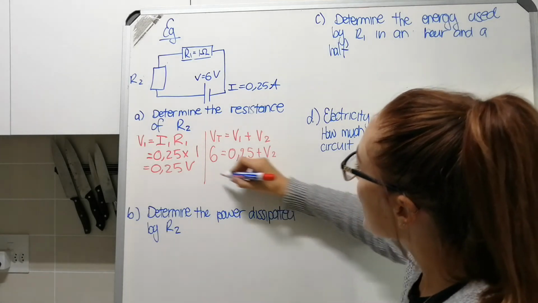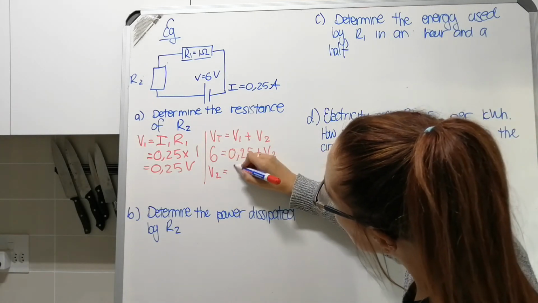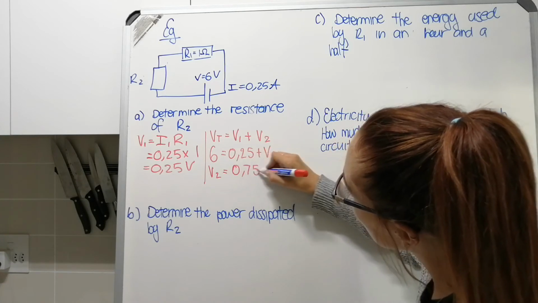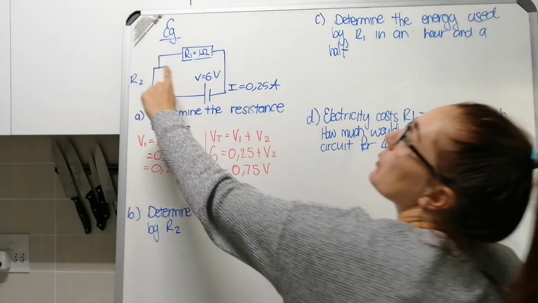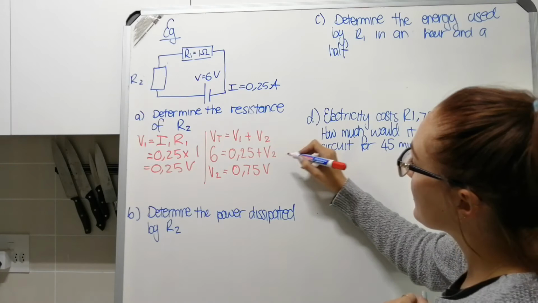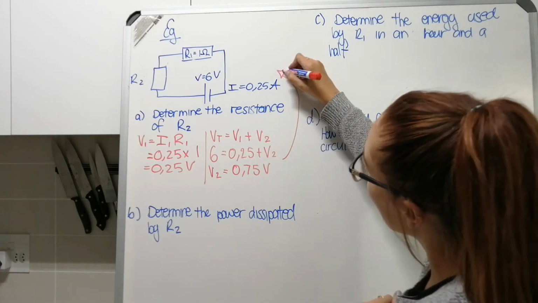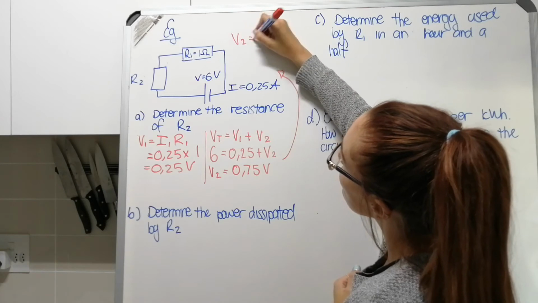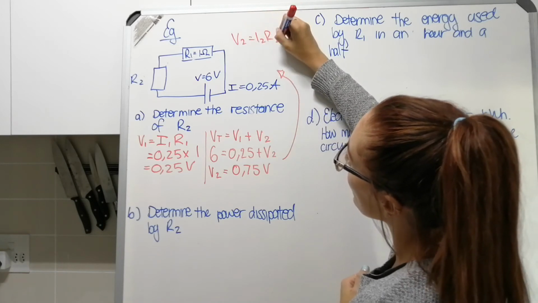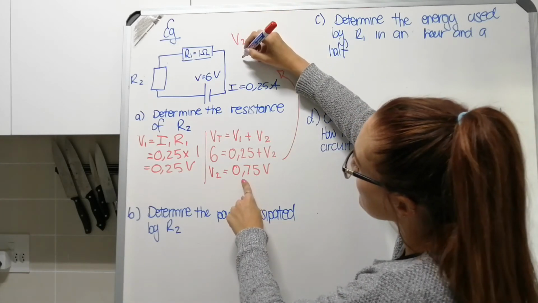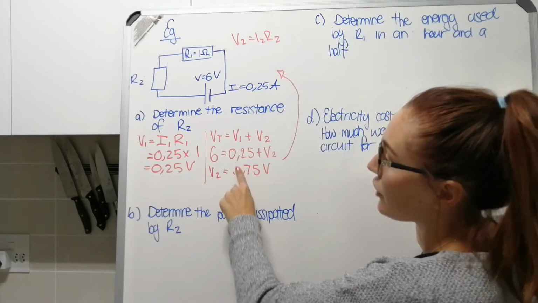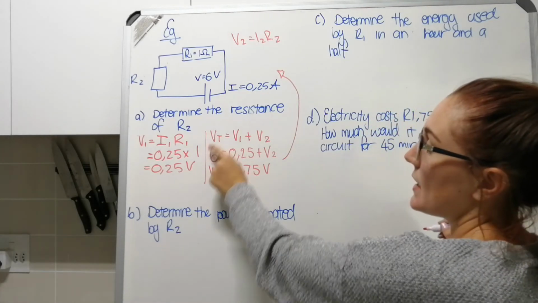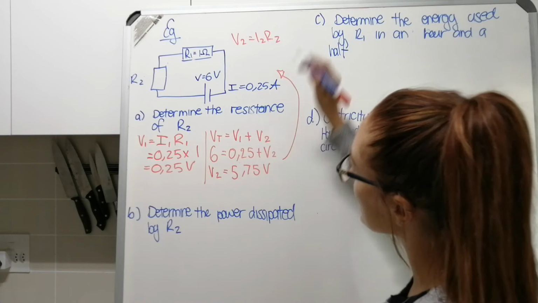So that means that V2 is equal to 0.75 volts, and we want the resistance there. I'm moving up here. Now we can do Ohm's law over resistor 2. So V2 equals I2 times R2. V2 is 5.75, sorry, 6 minus 0.25 is 5.75.